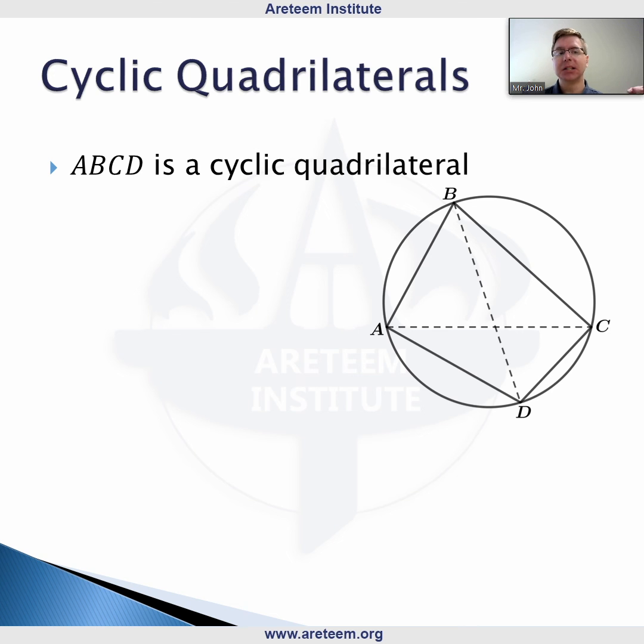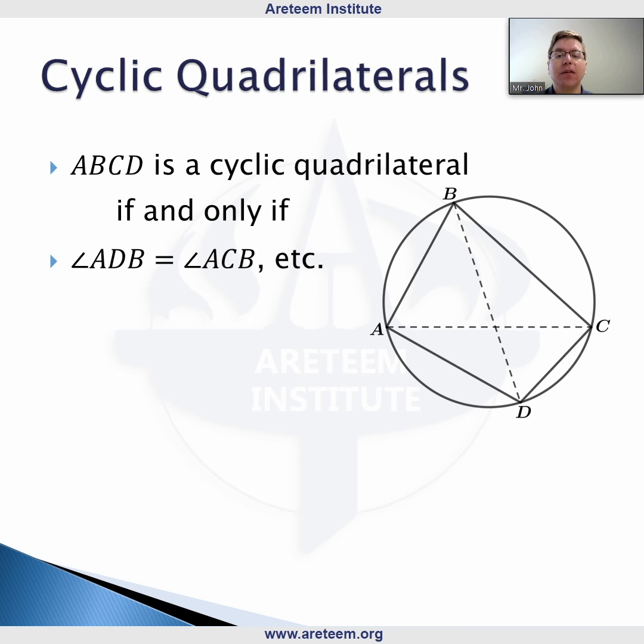And as I mentioned, these things work in both directions. So to summarize some of the stuff we've done, ABCD is a cyclic quadrilateral if and only if angle ADB equals angle ACB. So for example, these two angles have to be equal there.